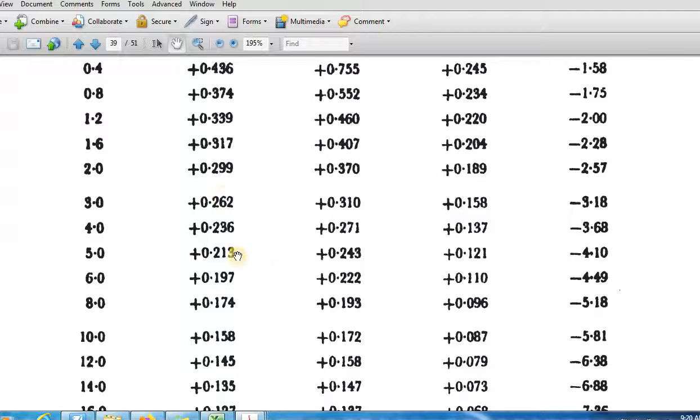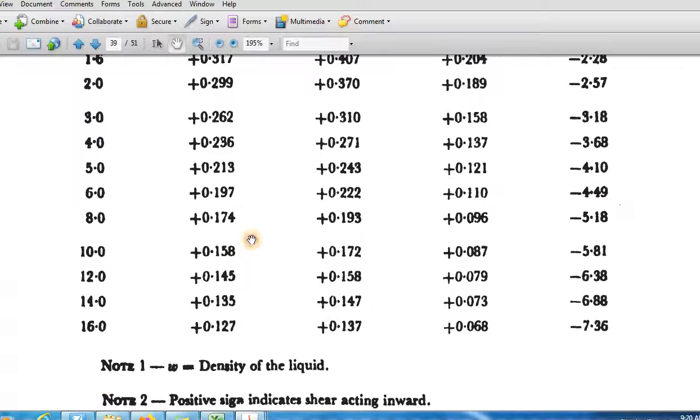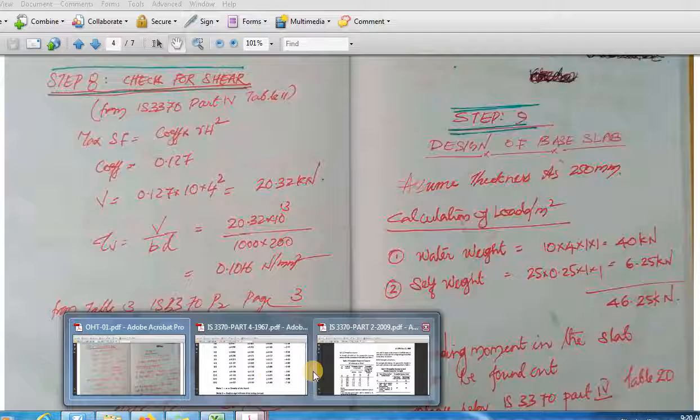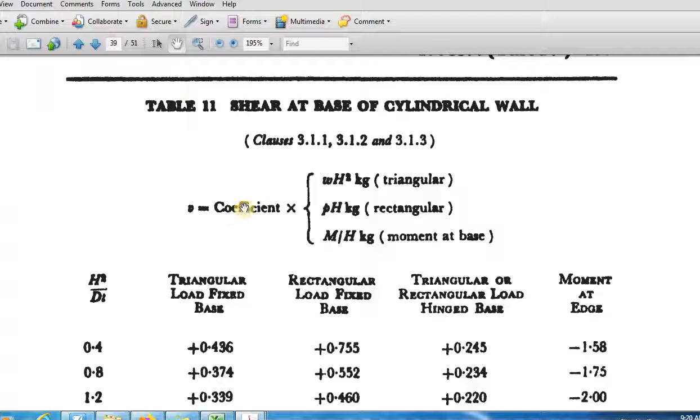In this the maximum value we should take, because shear is at the bottom, agree? Correct, no? So our value h square by dt is 16. For 16 our shear coefficient is 0.127, and the formula for shear is coefficient into gamma h square.